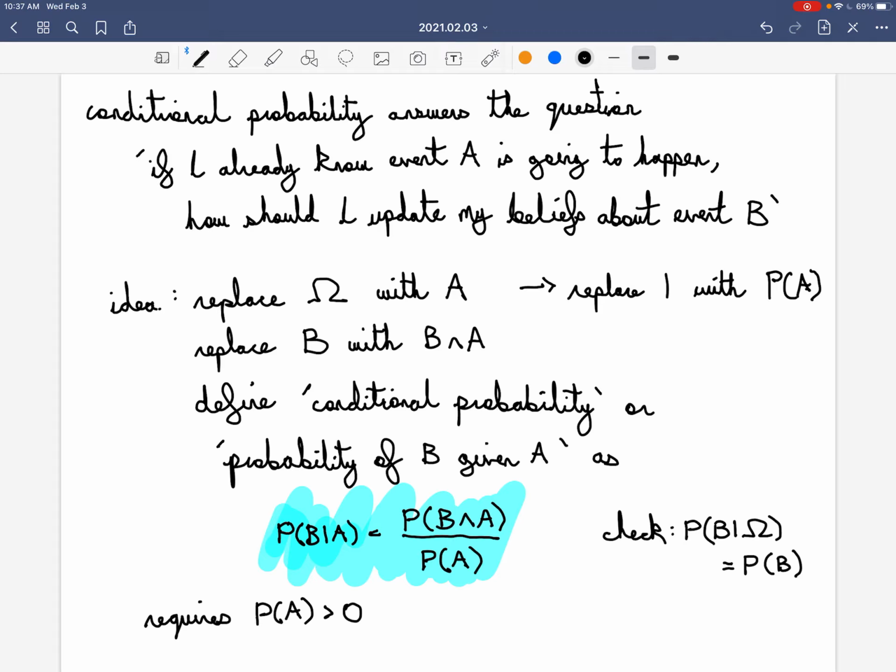The probability of B and A divided by the probability of A.